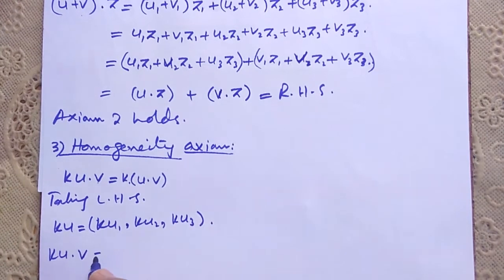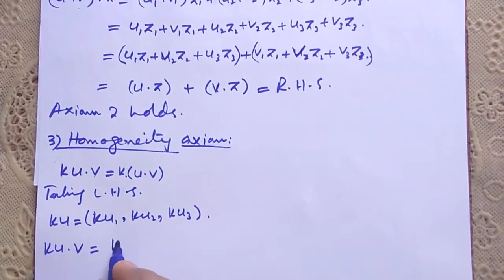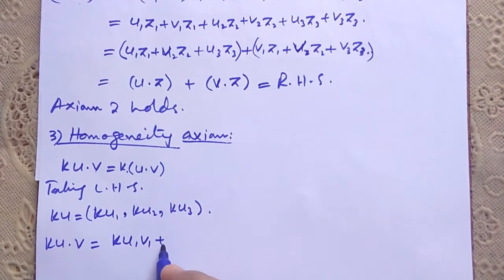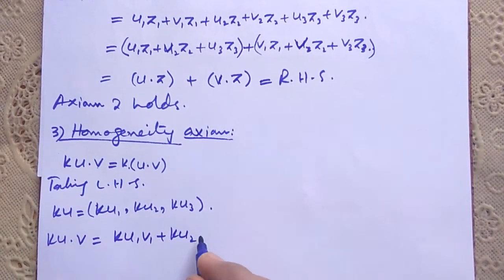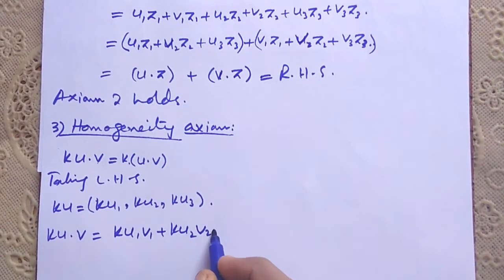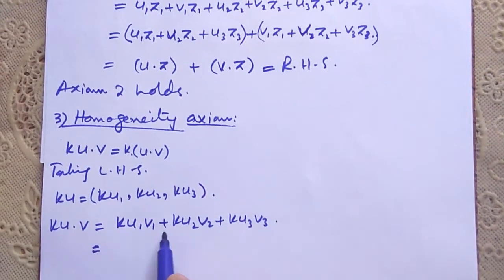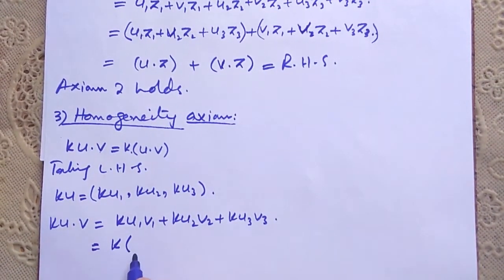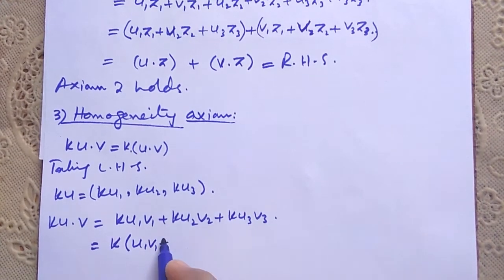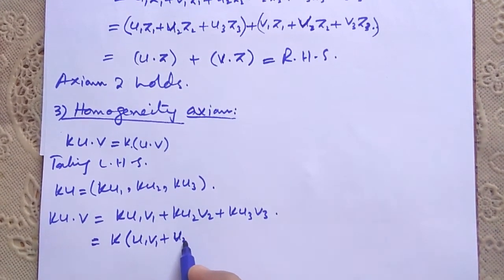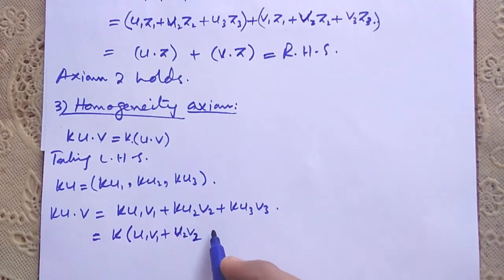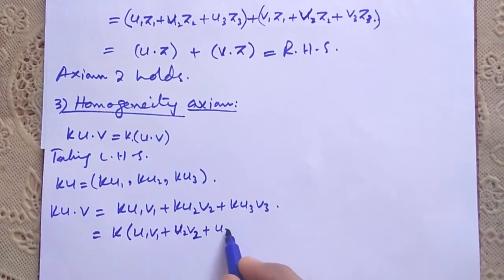Ku dot v is equal to ku1 v1 plus ku2 v2 plus ku3 v3, right? Now taking k as common, so k times u1 v1 plus u2 v2 plus u3 v3.